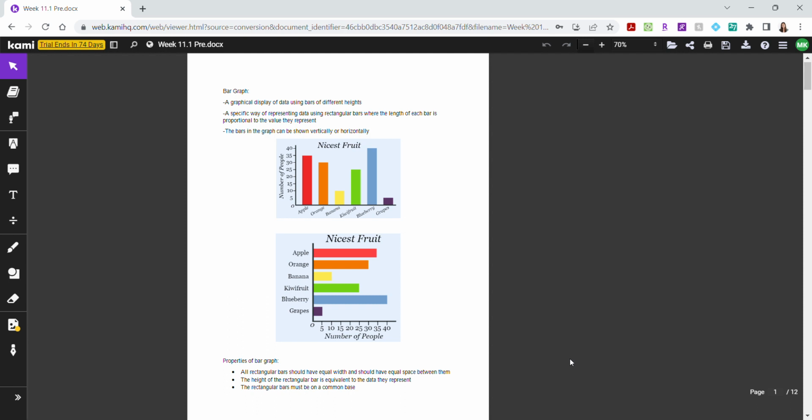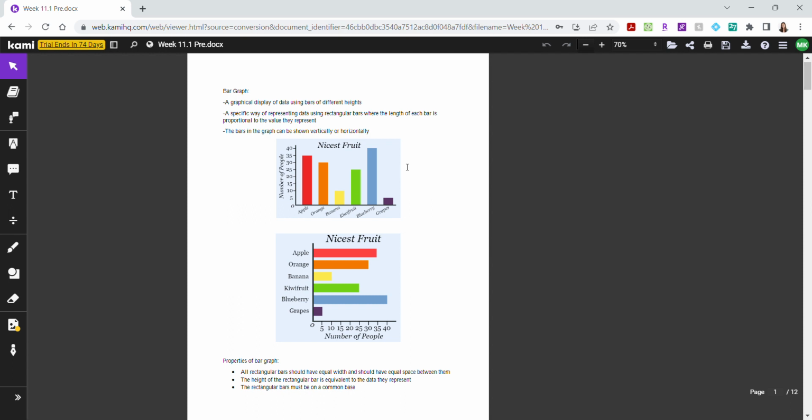So the first graph that we're going to look at today is the bar graph. Essentially, a bar graph is a graphical display of data using bars of different heights. See how these are all different heights? It's a specific way of representing data using rectangular bars where the length of each bar is proportional to the value that they represent, right?